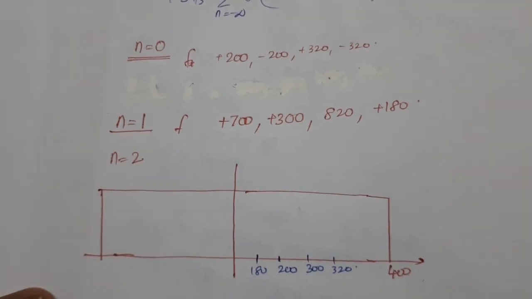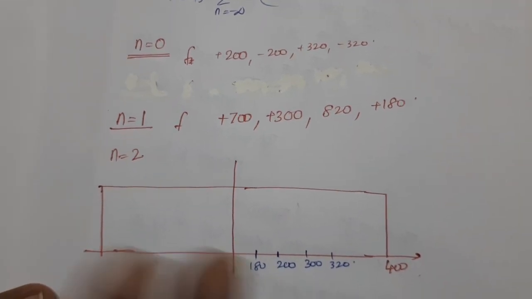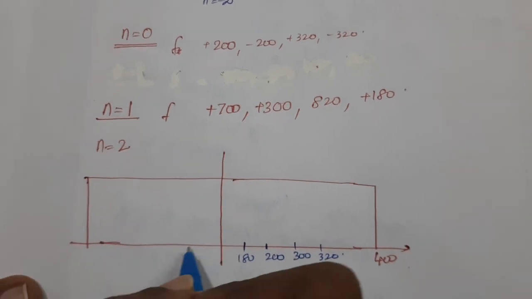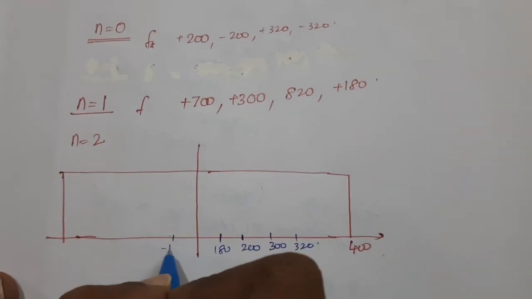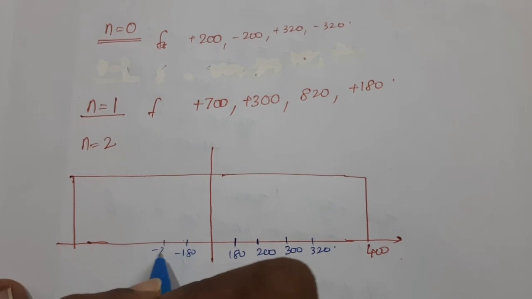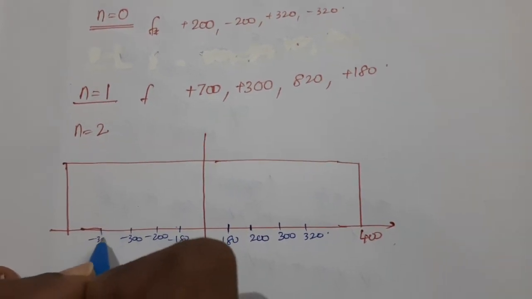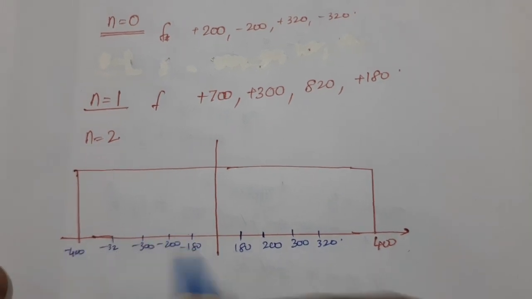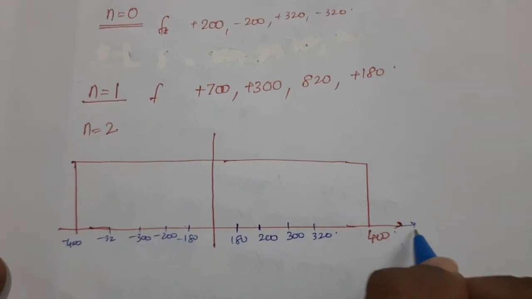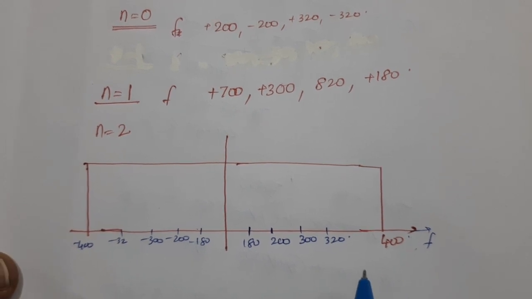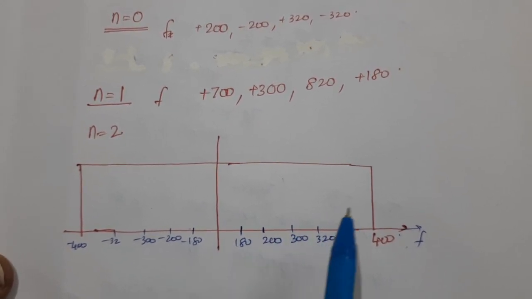Similarly, the mirror image comes on the negative side: minus 180, minus 200, minus 300, minus 320. This is minus 400 and this is 400 Hertz. So this many frequencies will appear at the output of the low pass filter.